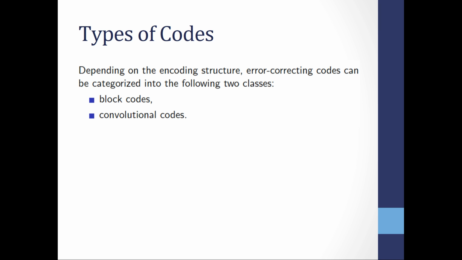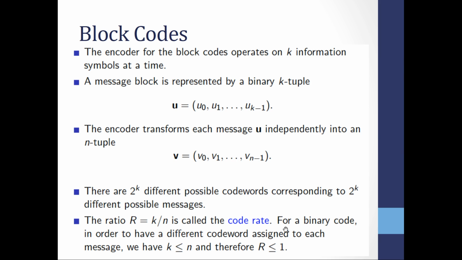But this code word sequence has some redundant bits in it. We call them parity bits, which we can use in order to reduce the amount of errors and detect them, and if we detect them, try to correct them so that we make sure we receive our data reliably without any errors caused by the channel.